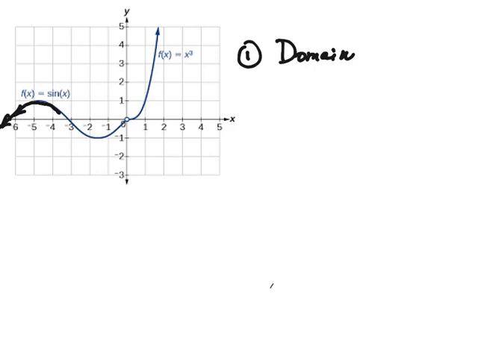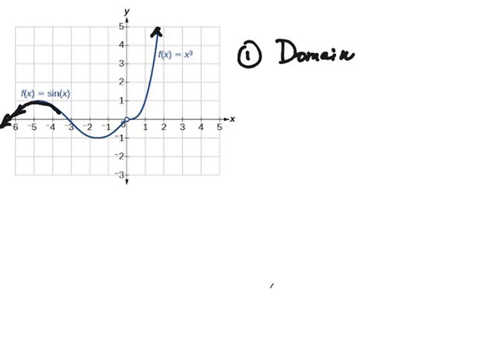And what happens as x gets bigger and bigger? We have another arrow here, so that means your graph is increasing. So it doesn't really stop on the right side, doesn't stop on the left side.